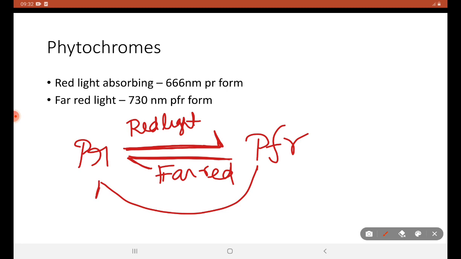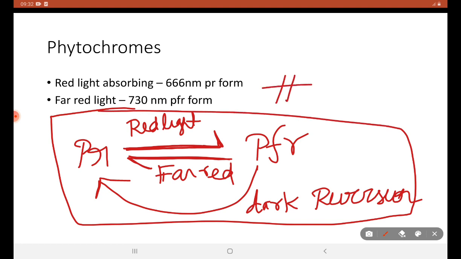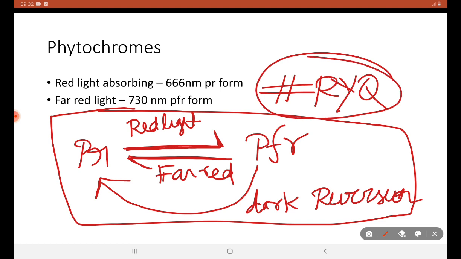This conversion also takes place during dark time. It is called dark reversion. This is also a previous year question in CSIR exam. Please make a note of it. PR is converted into PFR by red light. PFR is converted into PR by far red light.